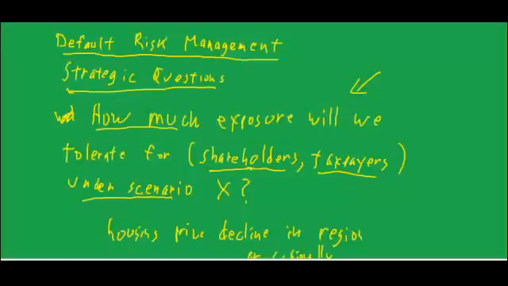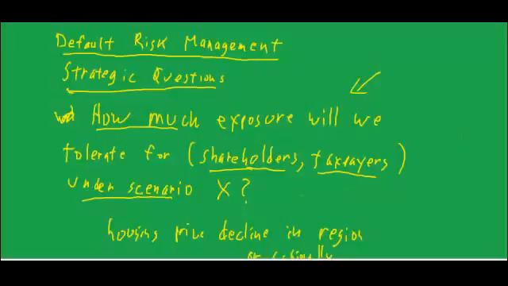So how much exposure will we tolerate for them under scenario X? So it's some adverse scenario. You could imagine if you were a property casualty insurance company, you could say, how much exposure will we tolerate for our shareholders in the case of a hurricane that causes $50 billion worth of damage in North Carolina?